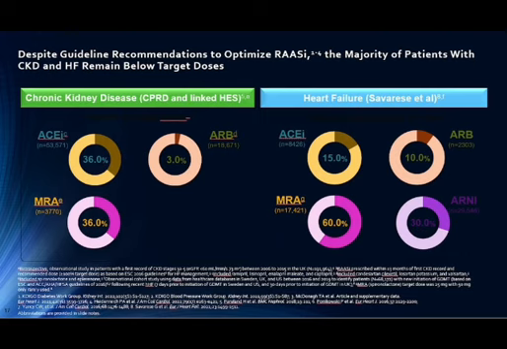Mineralocorticoid receptor antagonists, of course, the cardiologists are good at writing spironolactone and other mineralocorticoid receptor antagonists, and the percentage of people is 60%. Those who are on ARNI is only 30%. So despite all these recommendations, the proportion of patients who are on combination drugs, as well as the optimal use of the drugs, is actually very minimal.